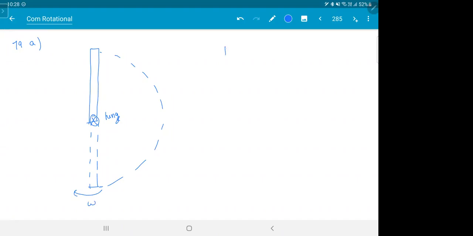The rod is placed vertically upward and slightly disturbed. Find omega when it comes to the lowest position.